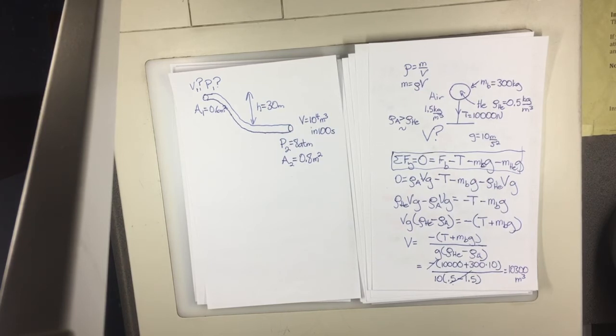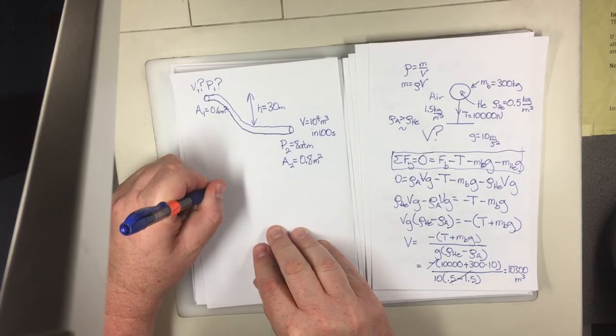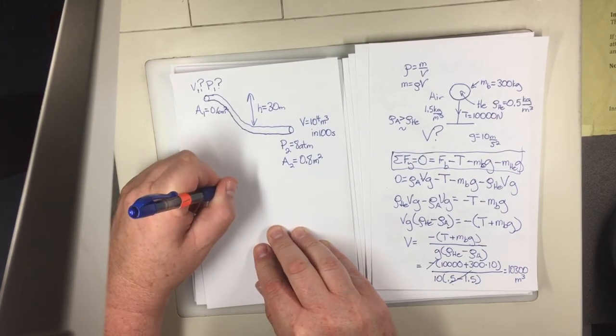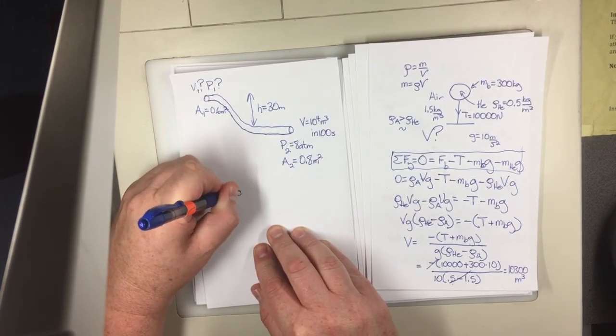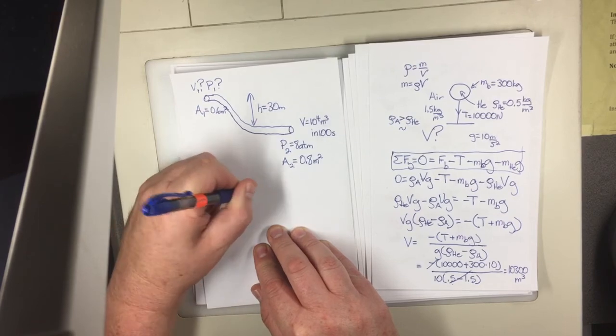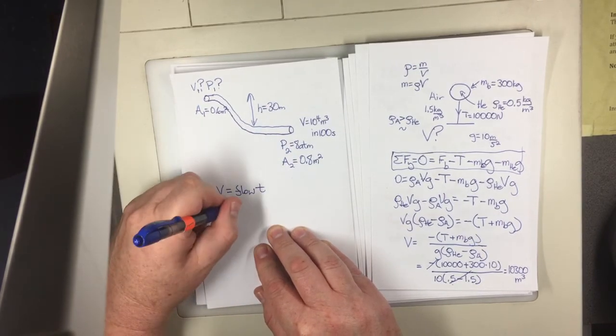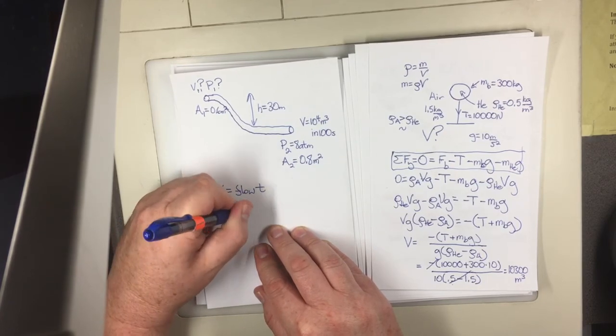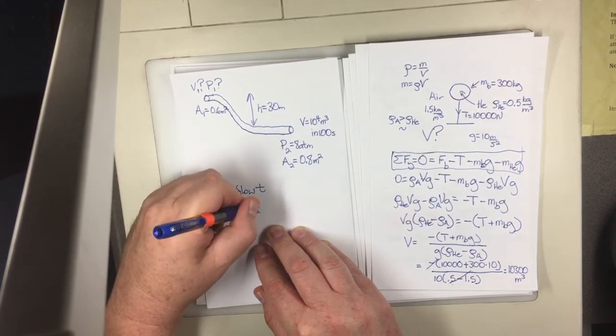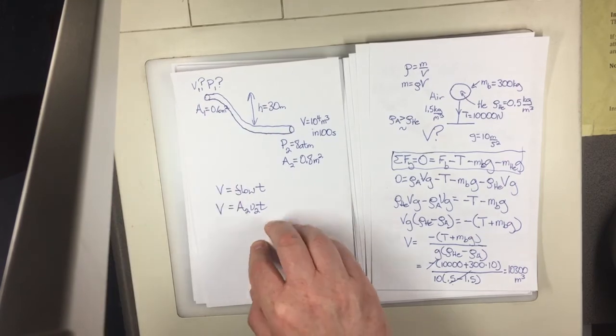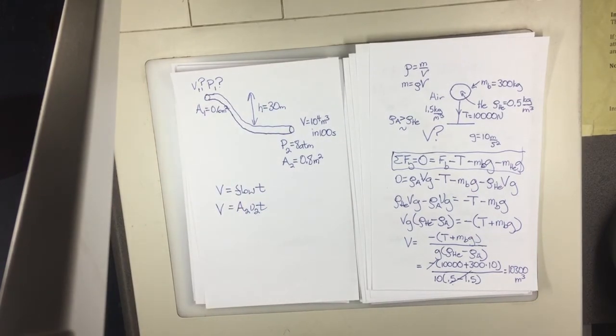If I give you volume and the area of the pipe here, you know that volume is flow times time, and flow is area times velocity. We can solve for V2.